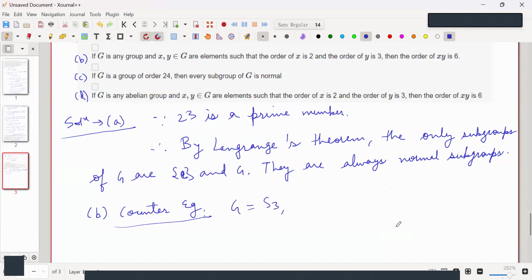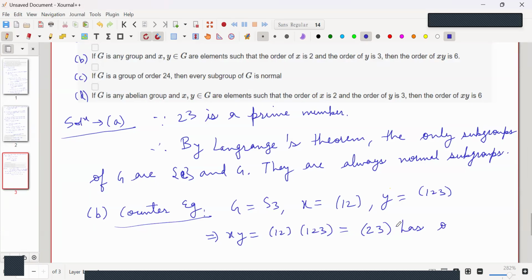G is equal to S3, X is any order 2 element, that is (1 2), and Y you can take (1 2 3). Then what is XY? It is (2 3), of order 2.